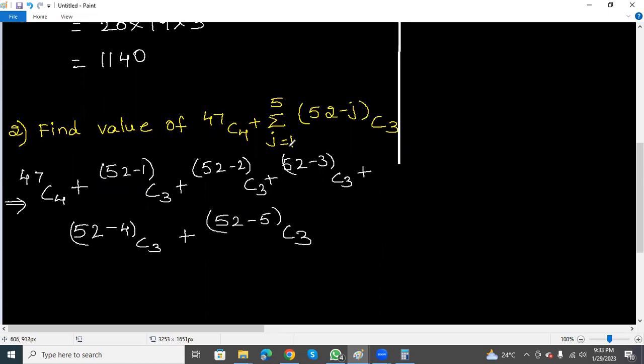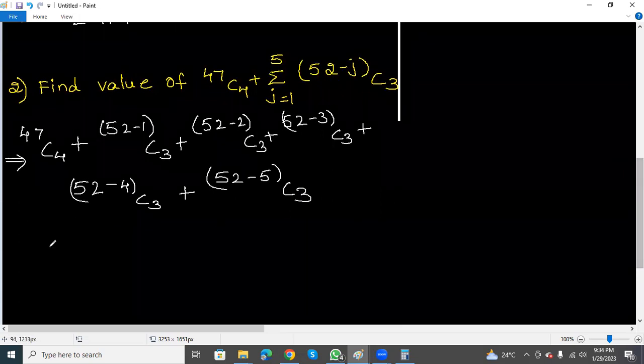So we applied the j value from 1 to 5. Let's simplify this above expression.